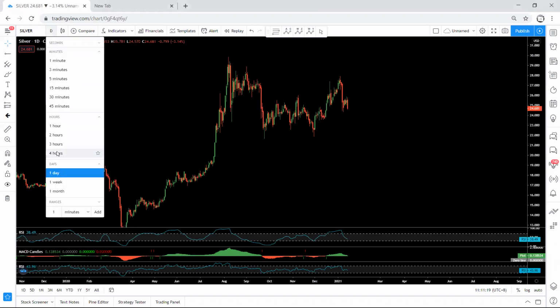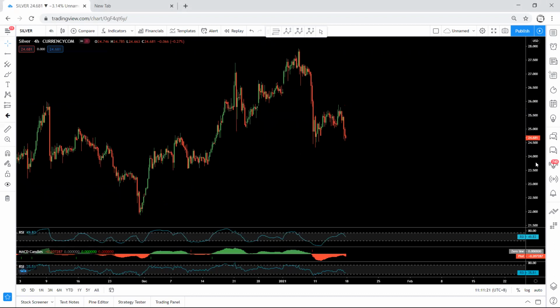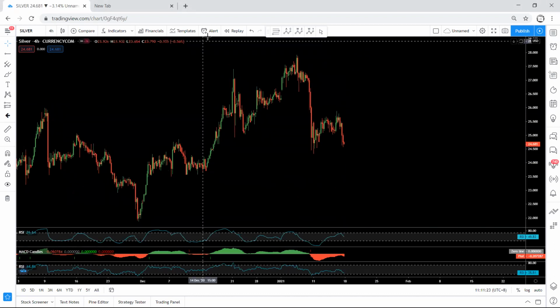In this case, we move to the four-hour chart. Based on the four-hour chart, we also don't have anything, but this is the thing: we have only this correction. Now the question is, if this is the only correction, the price next week from here can continue and drop, or we can expect a bigger correction before the price drops.